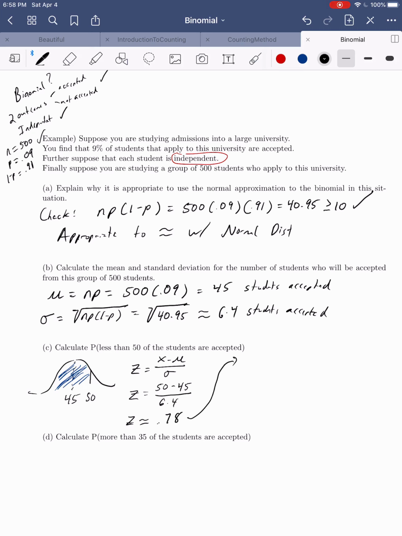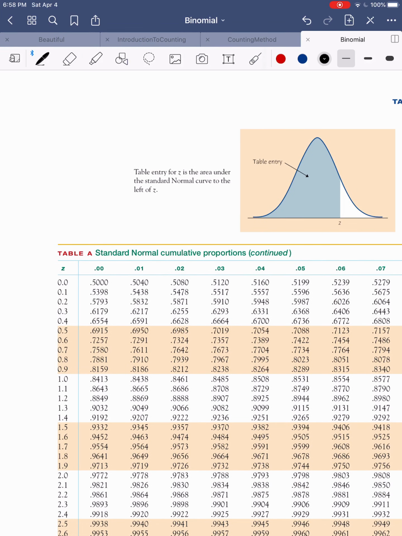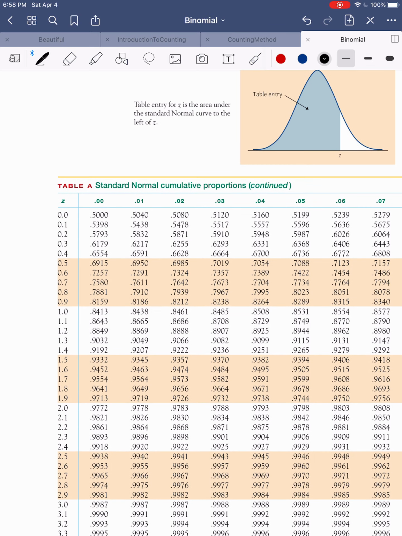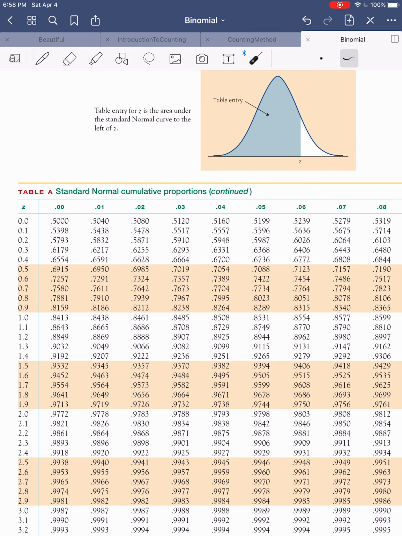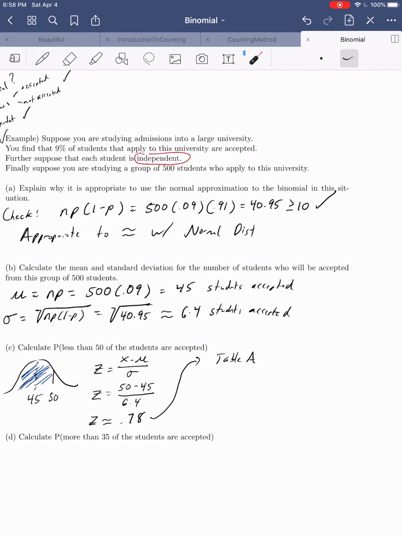Then we go ahead and we look this up on table A. Let's go ahead and do that real quick. There's table A. We'll need the positive side. We're looking for 0.78. So if we do that, there's 0.7 and there's 0.08. So we're right there. So we should get 0.7823. So let's go back. So we find 0.7823.